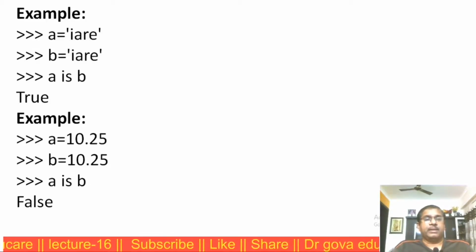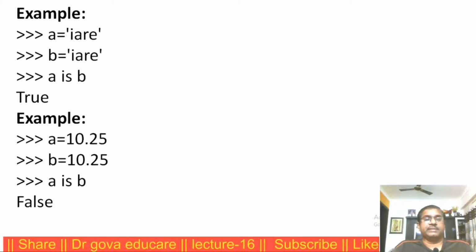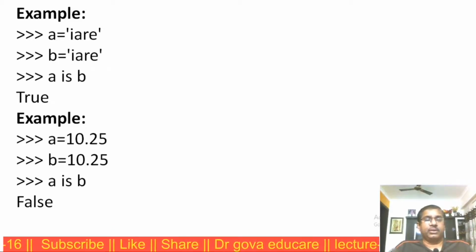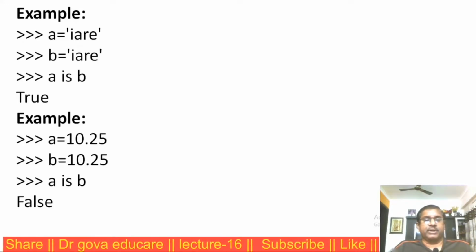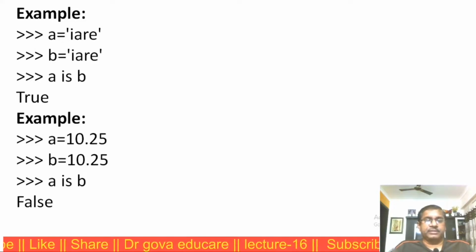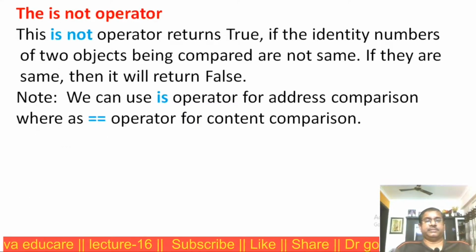Similarly, A is equal to "IARE", B is equal to "IARE", A is B is true, that is, the id of A is the same as the id of B. Now another example, A is equal to 10.25, B is equal to 10.25. The id of A is not equal to the id of B. Simply, A is B returns false.